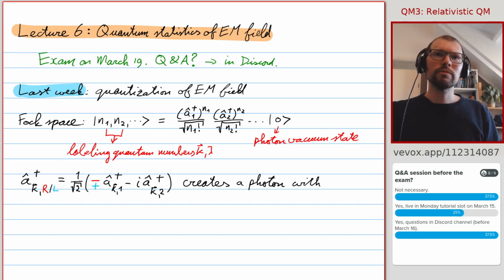So last week, we have finally seen how to properly quantize a relativistic system, the electromagnetic field equations. And how did we do this?